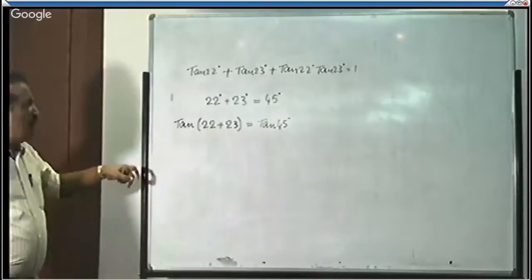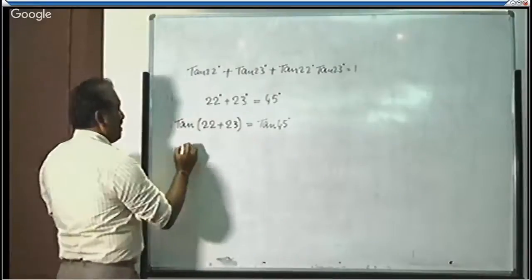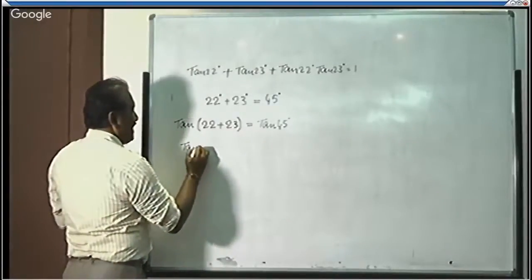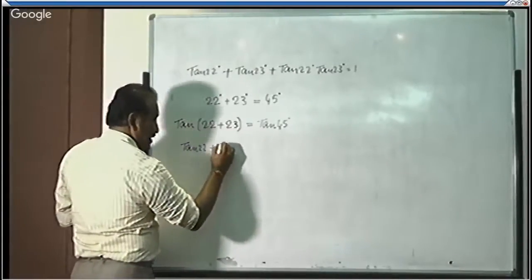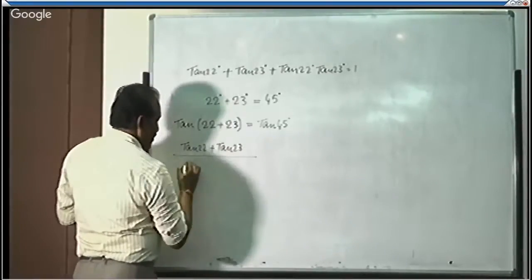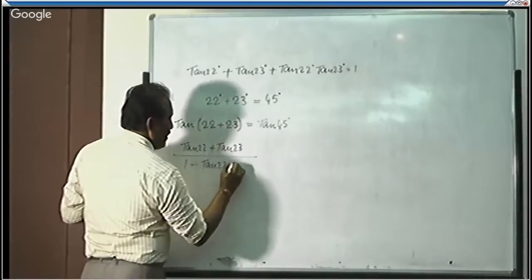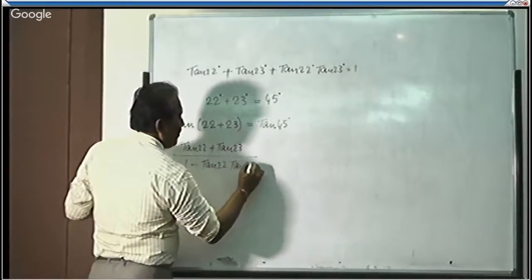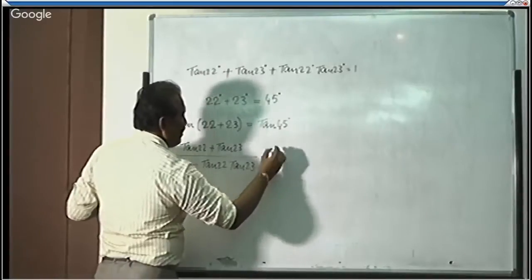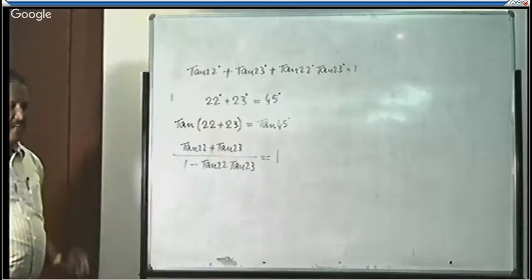Now the LHS is in the form of tan of A plus B. We know that tan of A plus B is tan A plus tan B, whole divided by 1 minus tan A tan B. But it is a well-known fact that the numerical value of tangent of 45 degrees is equal to 1.